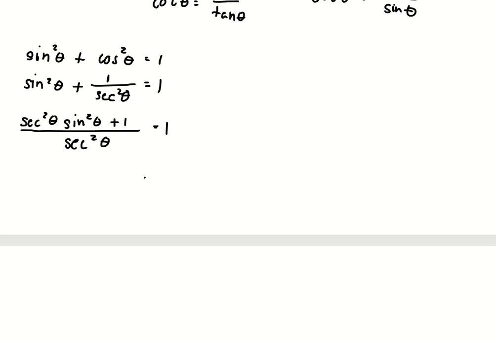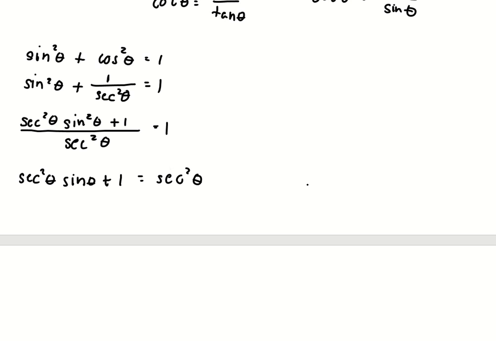Cross multiply. We just copy the numerator here. That's what's left on the left side: secant squared sine squared plus 1 equals secant squared theta.